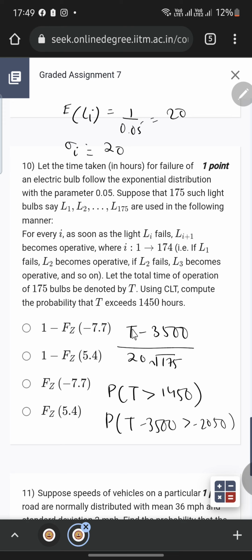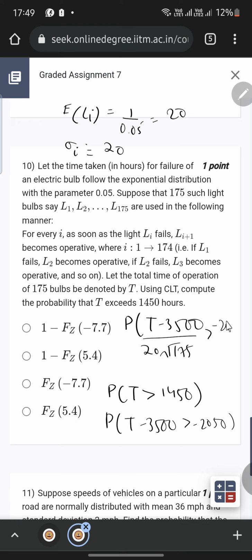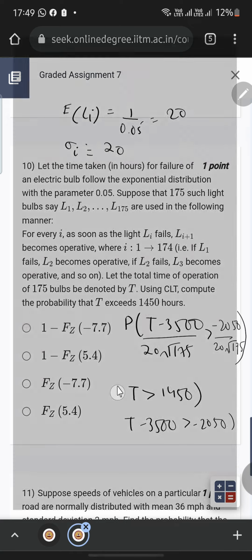And we can rewrite this whole part as probability (T minus 3500) by 20 root 175 would be greater than minus 2050 by 20 root 175. Perfect. Yeah. So sorry, let me use this part only.